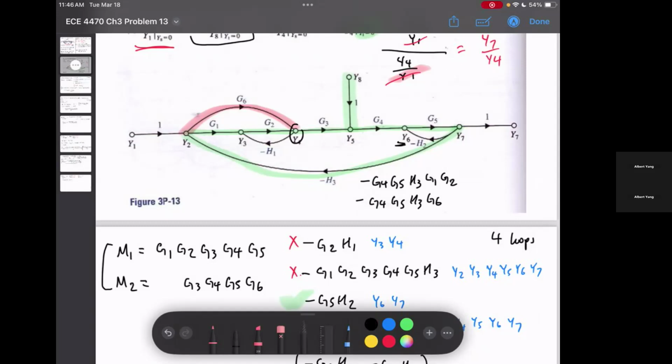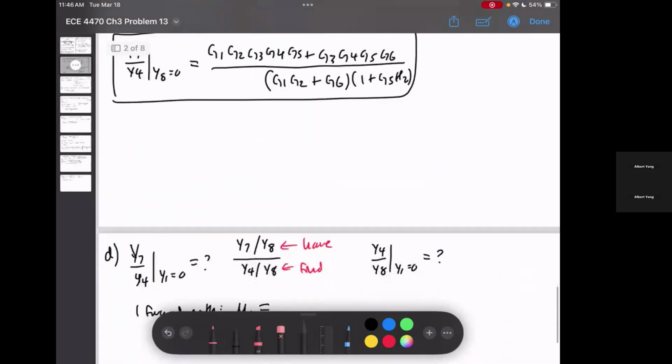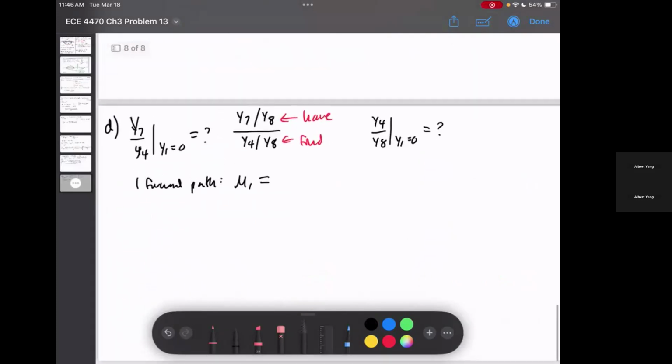Let's see if I can copy those over. Okay, it doesn't work, so I'm just going to have to write it out again.